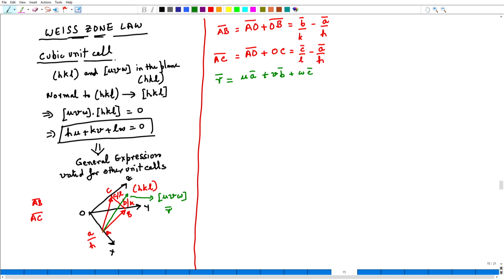So, if I now take these three vectors AB, AC and the vector R, and take what is called the triple scalar product, that can be written as R dot, and take the cross product between AB and AC.